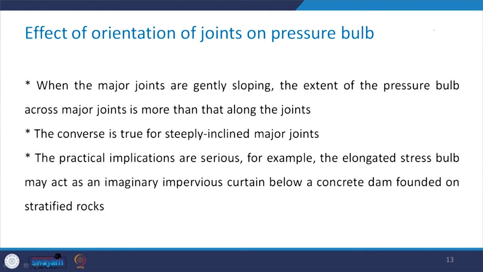So, when the major joints are gently sloping, the extent of the pressure bulb across the major joint is more than along the joint. And the converse is true for steeply inclined major joints.